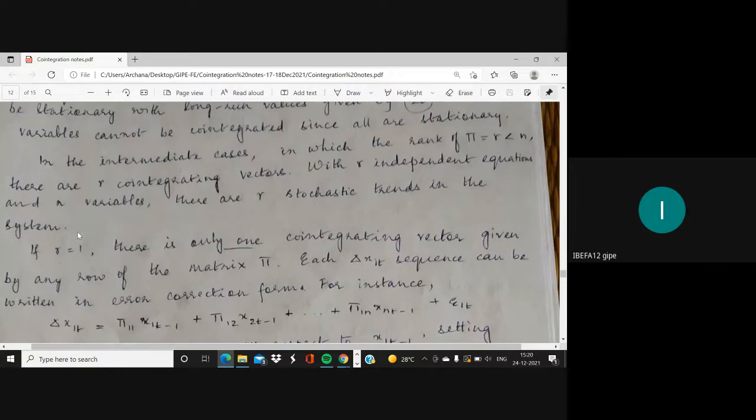So there will be r common stochastic trends in the system, and what we need to do is find the elements of the pi matrix so that we can get the co-integrating vector. Once we get this co-integrating vector, we'll be able to purge the system of these common stochastic trends so that the linear combination of these variables will now be stationary.